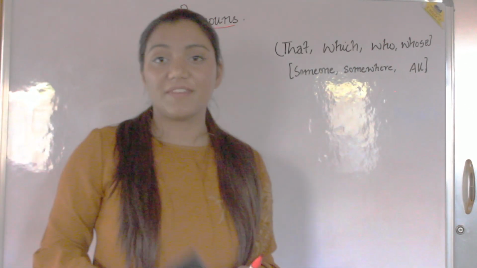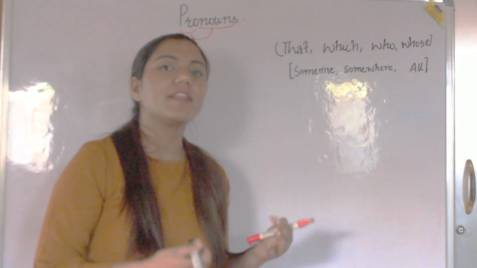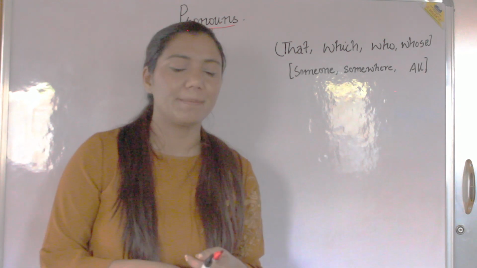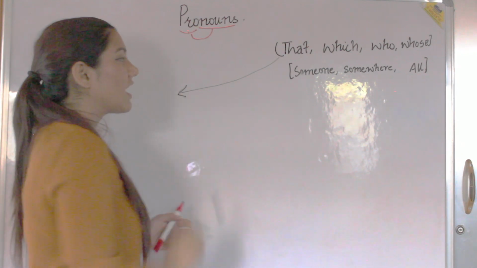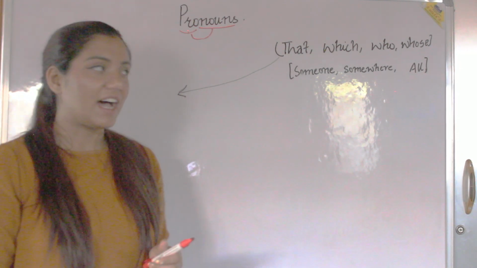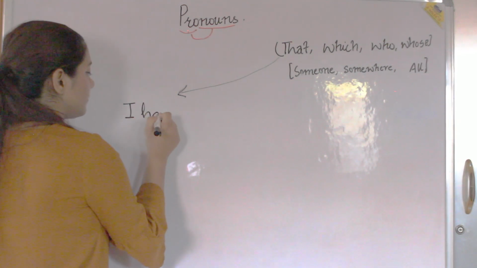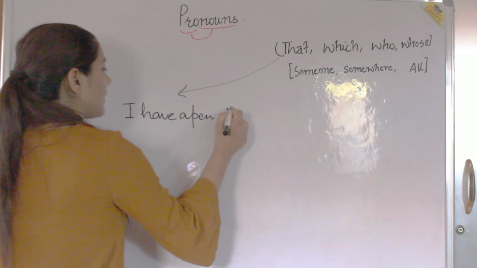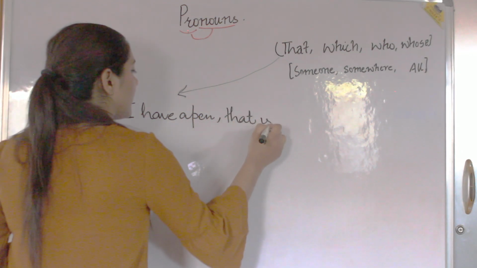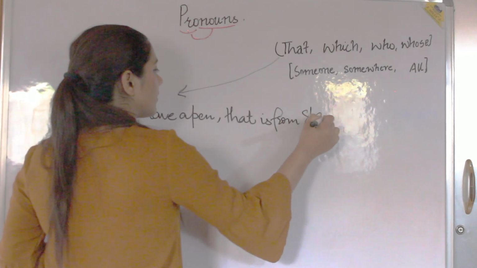Now these are some very basic pronouns, but some of these are a little bit more complicated or a little hard to determine for beginners. Let's look at these words. The first one is that. For example, I say I have a pen that is from Spain.